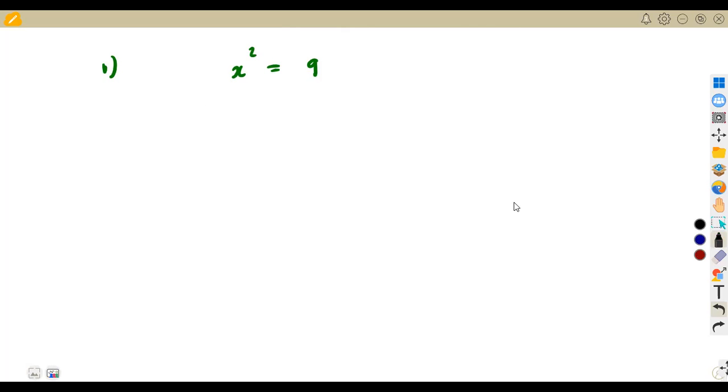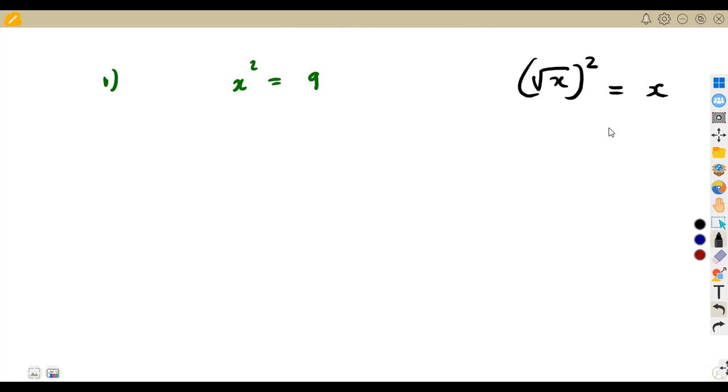Remember, the opposite of the square is the square root, where I have the square root of x. To remove the square root of x, I have to raise it to the exponent of 2 to get x. So if I'm given x squared, to remove the 2 here, I can just introduce the square root.